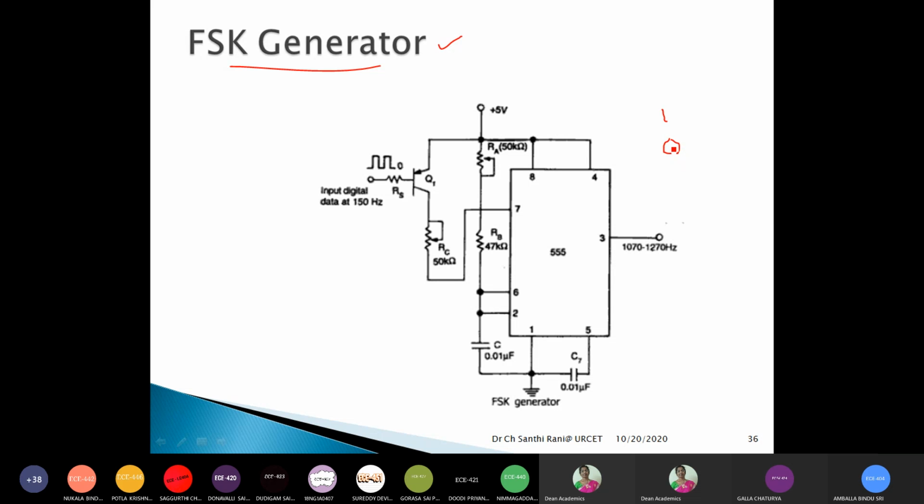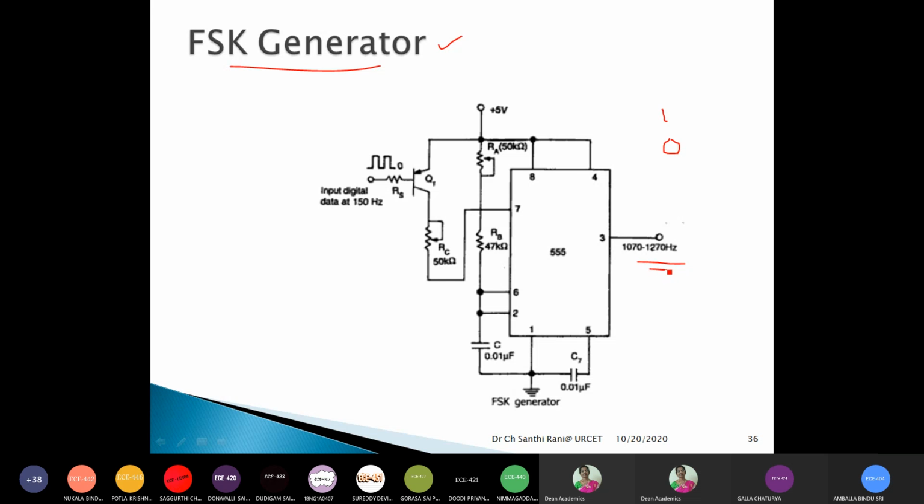For 0, one frequency is assigned; for 1, another frequency is assigned. Now the binary code is transmitted by shifting a carrier frequency between these two frequencies. That means shifting the carrier frequency between any two preset frequencies is called frequency shift keying.